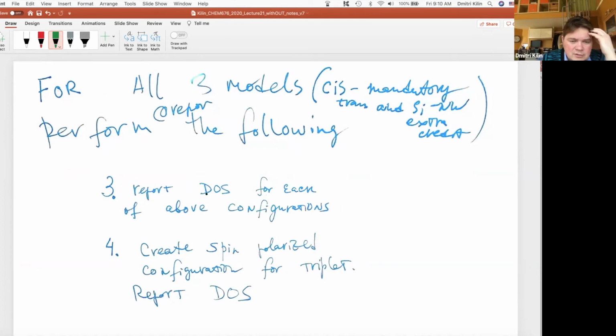Make density of states for anion, cation, and excited. Then create a spin polarized triplet for this model with cis polyacetylene.